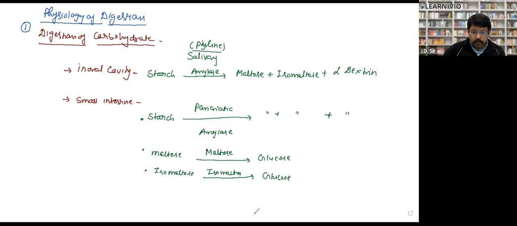Sucrose is broken down into glucose and fructose with the help of the enzyme sucrase.